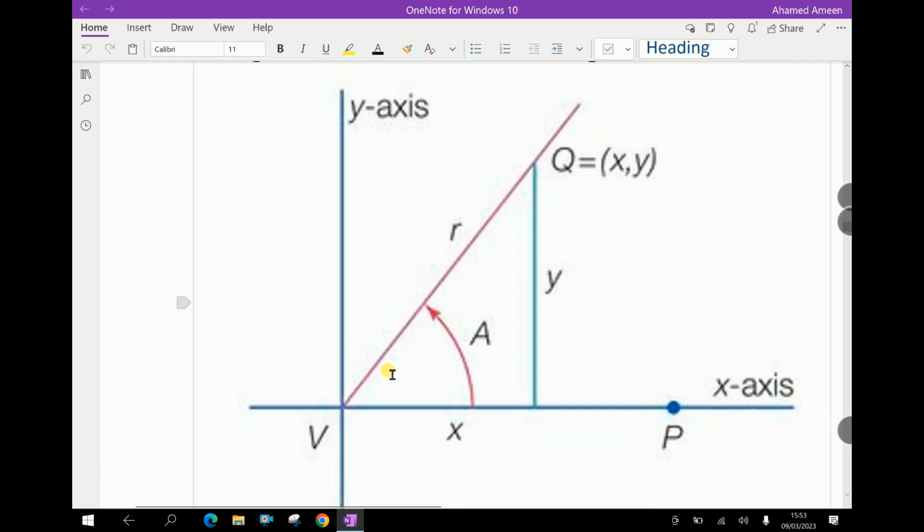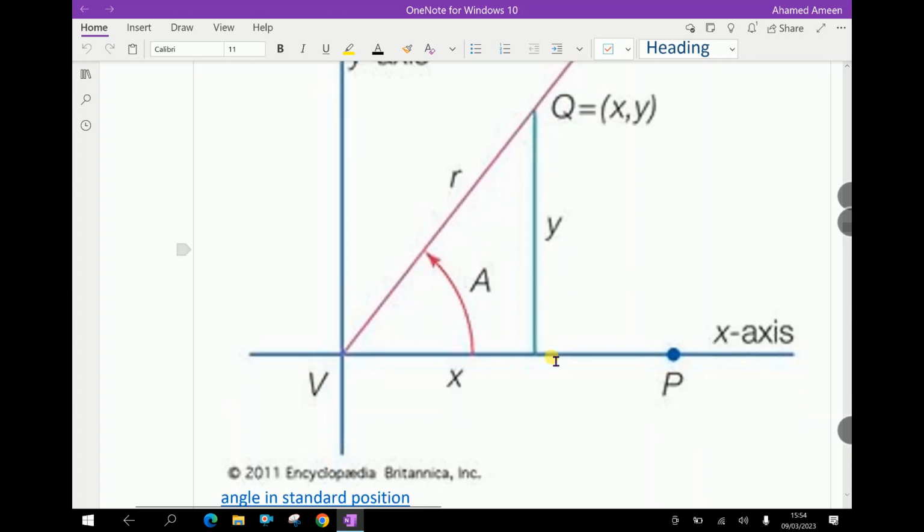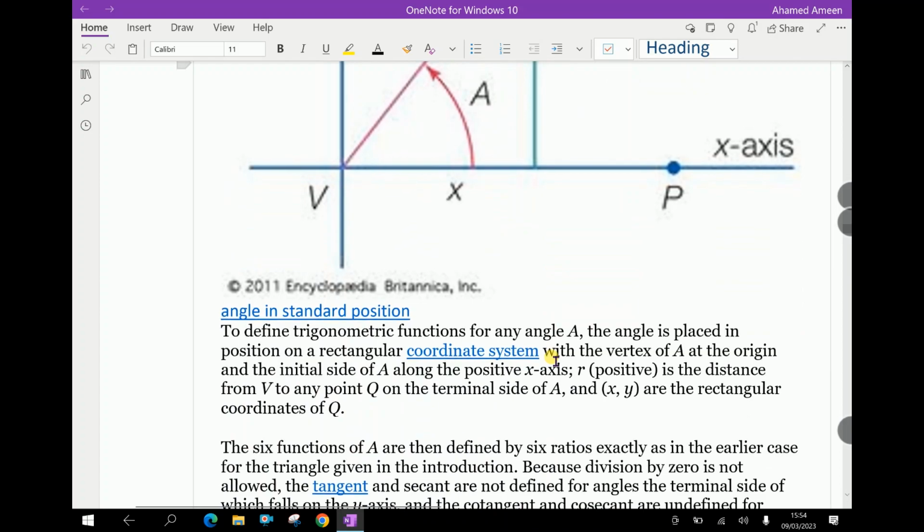Suppose sine A, the sine of the angle, is what? Opposite by hypotenuse, y by r. Here cos A equal to x by r. Like this, any angle can be represented in terms of trigonometric ratios. That means from the origin joined to that point, the ratios of these 3 sides can be expressed in terms of angles and their ratios.